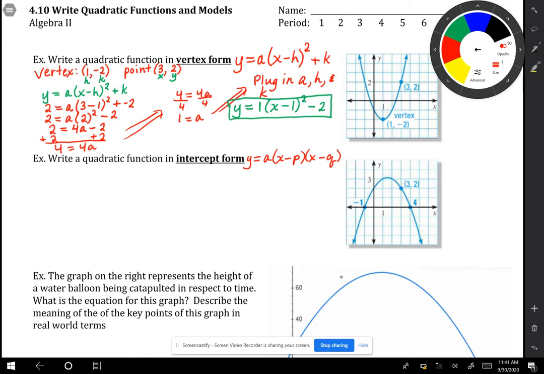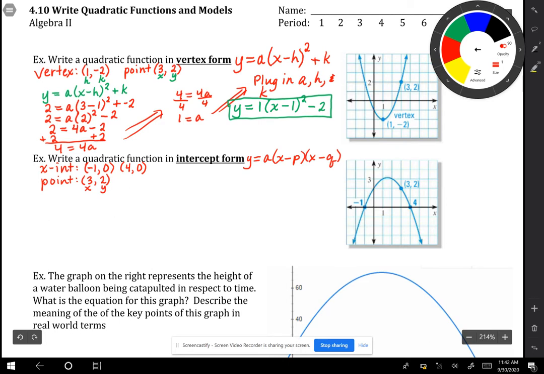Our x-intercepts from our graph are (-1, 0) and (4, 0). Our point is (3, 2).